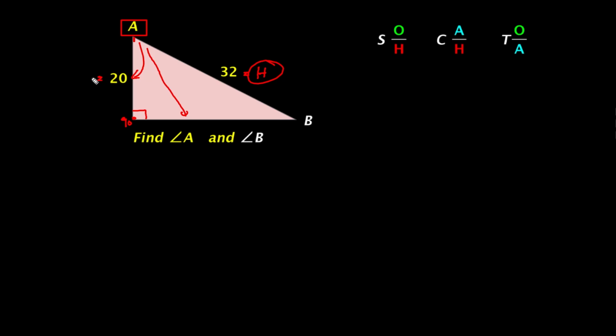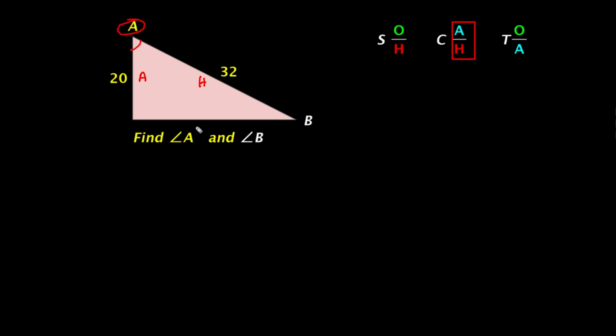Adjacent side is labeled with A. Let's write the A on this side, so it will be much clearer. That's the adjacent side, and that's the hypotenuse. Now, when I have A and H, do I run for the opposite side? Because if I have A and H, I'm done. I can use the CAH to find the angle A. So angle A is the theta on this one.